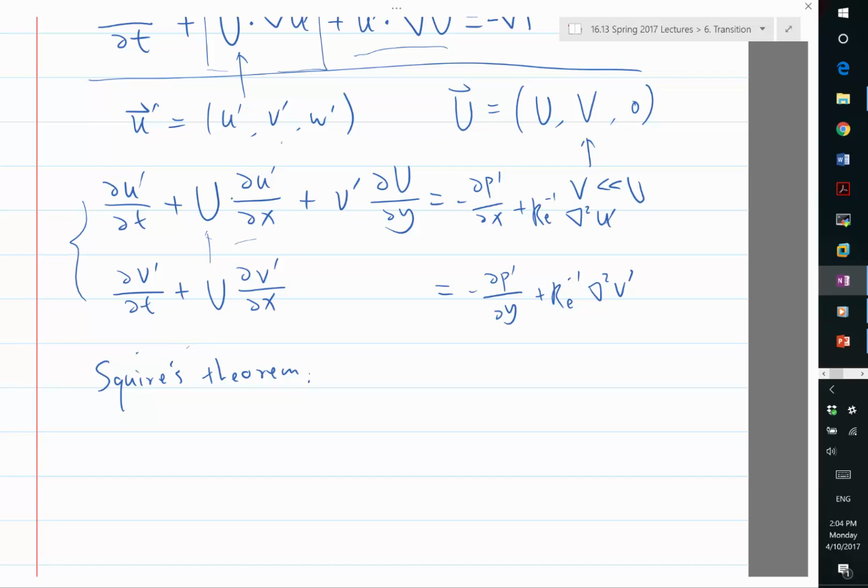That is also saying that the first mode that is going to become unstable, and also the fastest growing unstable mode, has to have 0 W velocity. So fast growing modes have W prime equal to 0. Okay, so with that, we only consider these 2 modes.